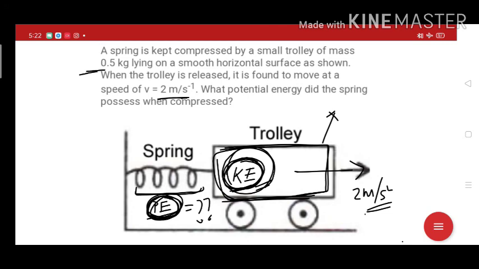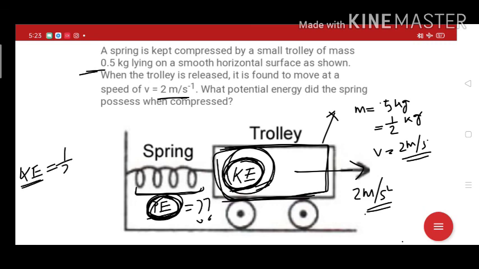So the mass of the trolley is 0.5 kg, or we can write that as 1 by 2 kg. Velocity is given, that is 2 meter per second. No problem, it is given in SI system. So what is the kinetic energy we are going to calculate?